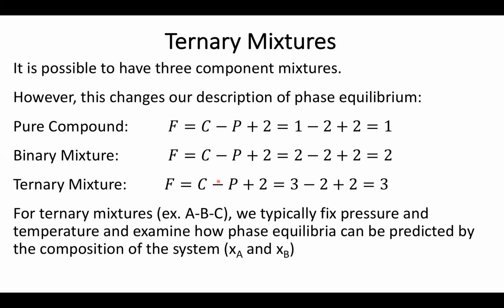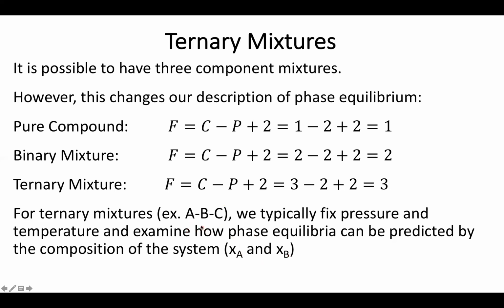And so our choice is going to be typically to fix pressure and temperature, and then essentially look at what point our remaining 2 variables come into equilibrium. So essentially, where phase equilibrium happens with regard to the composition of 2 of our 3 components.